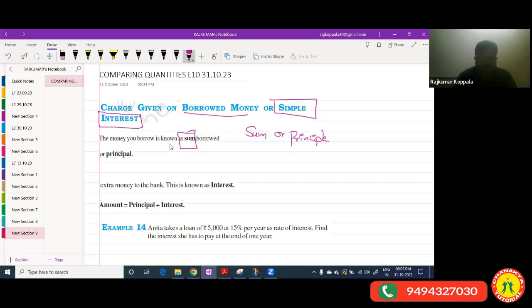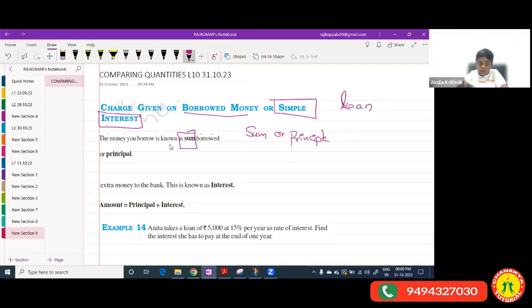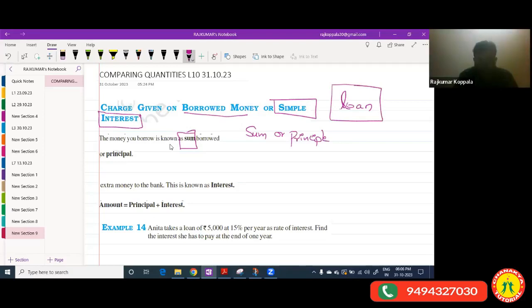We will pay some amount, and for the remaining amount, we will take a loan. Do you have any idea about loan? It is taking money from the bank, using it, and repaying. Yes, taking the money from the bank or some companies or other people, that amount is called principal amount.